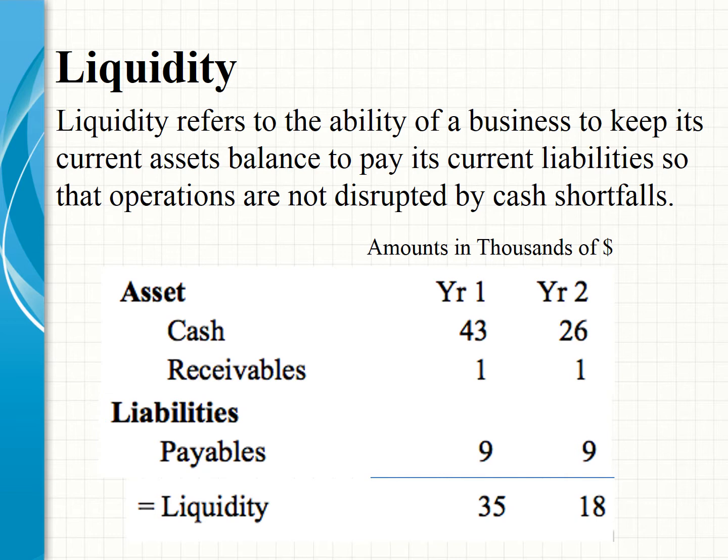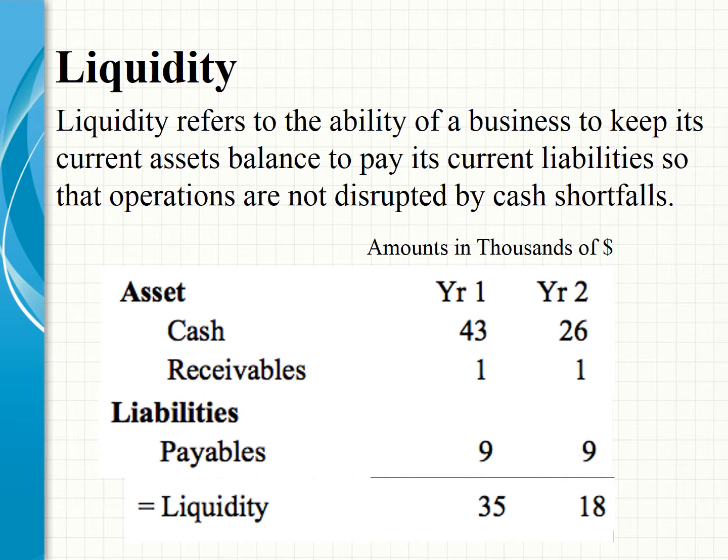The total current liabilities are $9,000, which are payables. With current assets totaling $44,000 and liabilities of $9,000, this business has the ability to meet its short-term financial obligations. As you can see, $44,000 minus $9,000 gives us $35,000. This means this business is liquid.